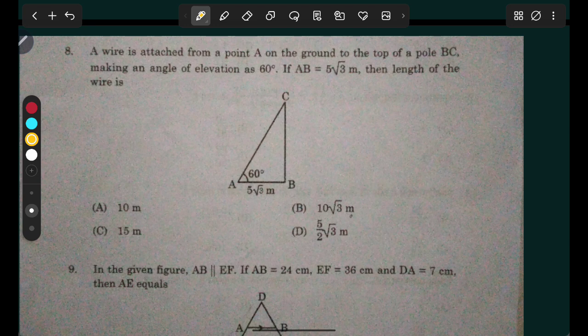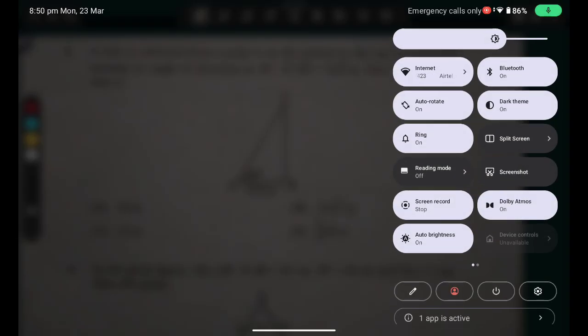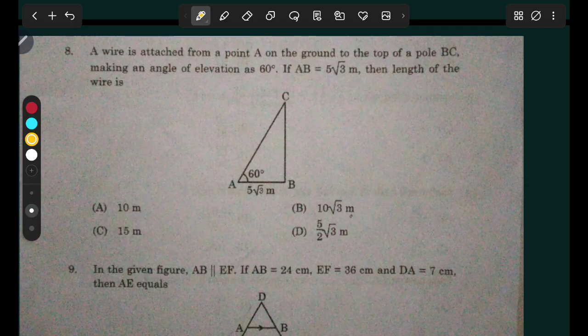If AB is equal to 5 root 3 meter, then what is the length of the wire?